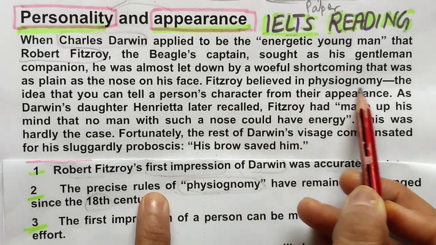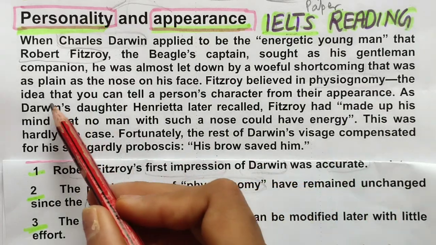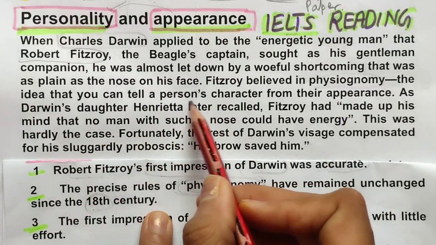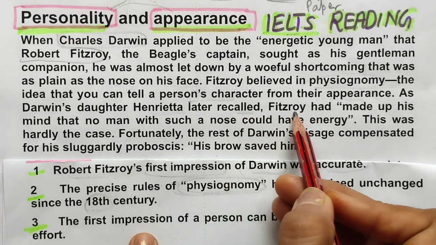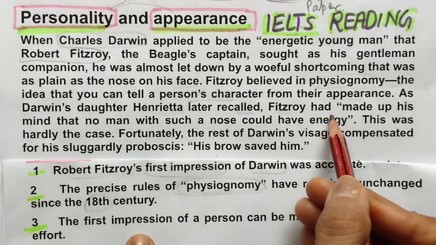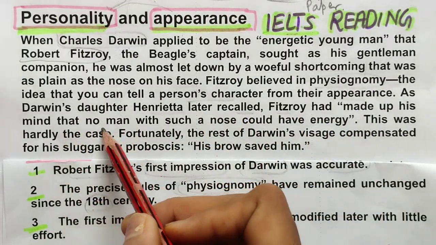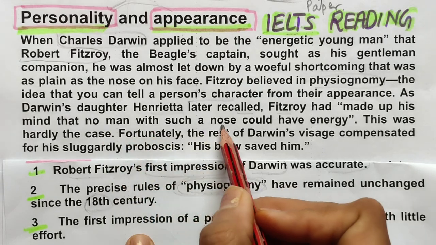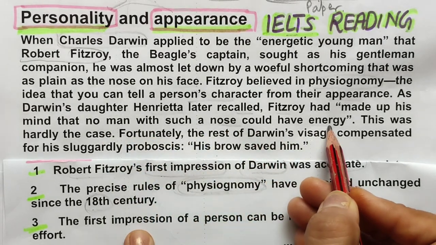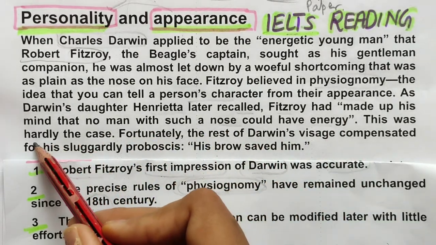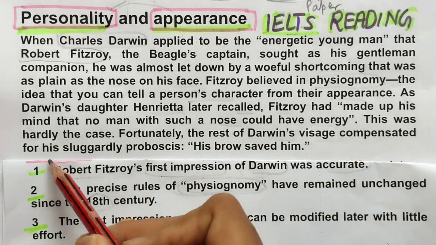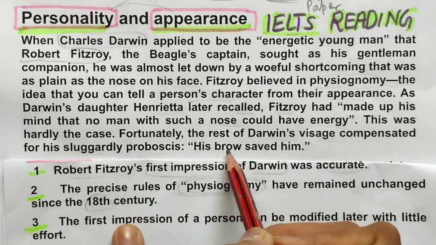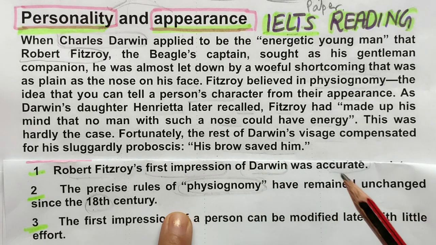Fitzgerald believed in the idea that you can tell a person's character from their appearance. As Darwin's daughter later recalled, Fitzgerald had made up his mind that no man with such a nose could have energy. Fortunately, the rest of Darwin's visage compensated for his luxury. How brave brows saved him.